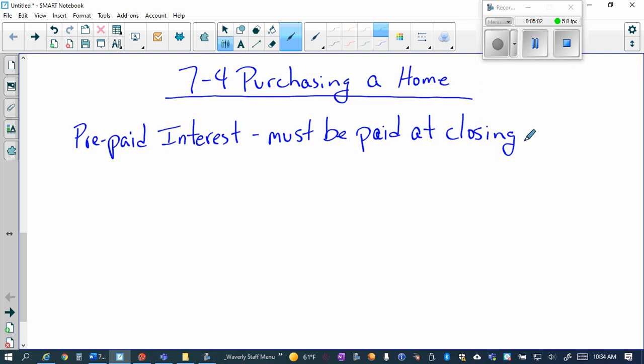So the way to calculate prepaid interest is to figure out what the yearly interest would be, and then divide that by 365 and get the daily interest. So the amount of interest that accrues each day. And you have to figure out then how many days there are between your closing and the first monthly payment that you agree to make, and multiply the daily interest by that number of days.